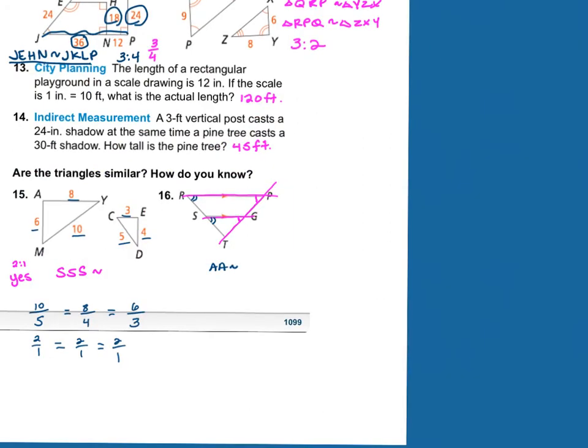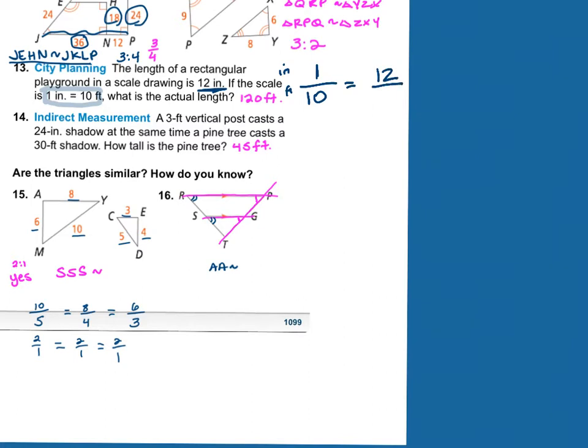Okay, so 13 says the length of a rectangular playground in a scale drawing is 12 inches. If the scale is 1 inch to 10 feet, what's the actual length? So they're giving you a scale of 1 inch to 10 feet. For every 1 inch, it's 10 feet, right? Inches, feet. Then it says that the drawing is 12 inches. So that's going to go where the inches are.